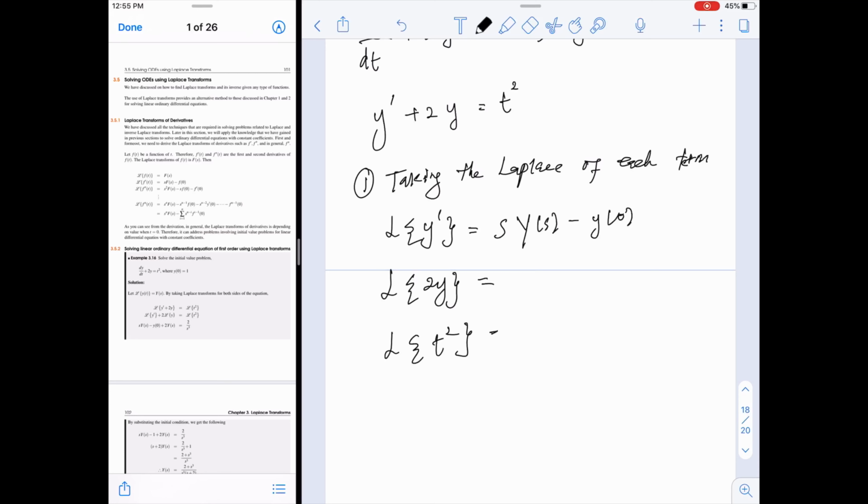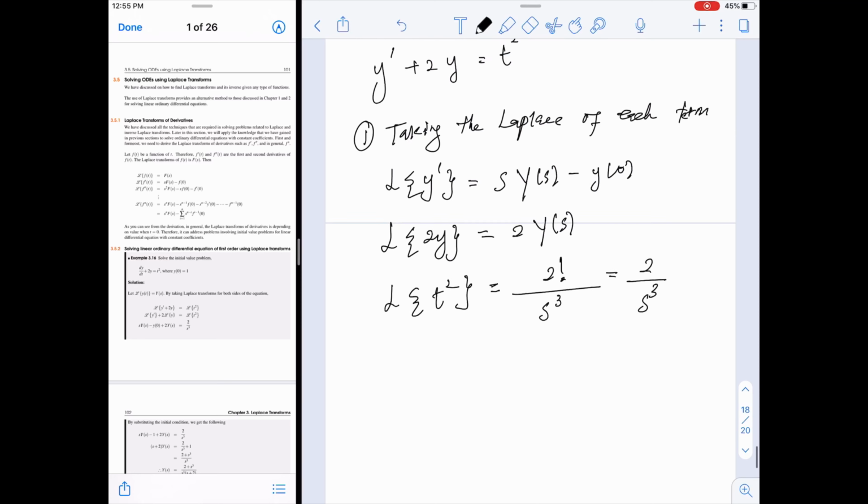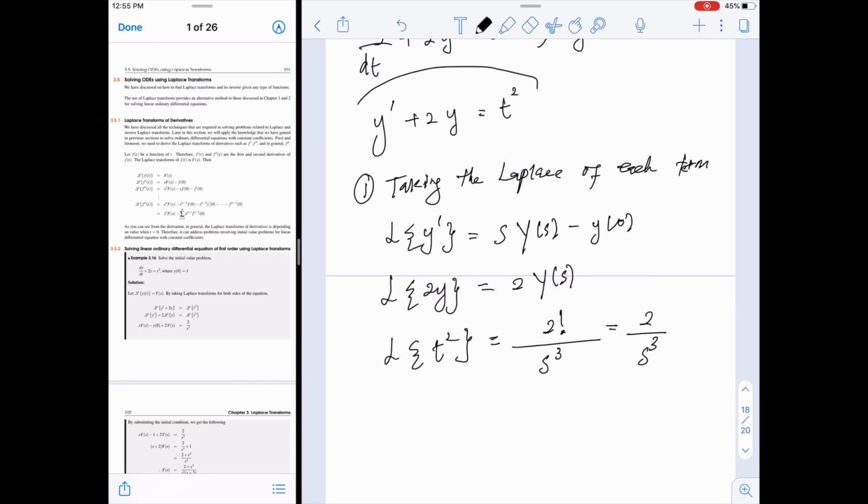It's the same thing, you just change to capital Y. And then what about 2y? 2 is a constant, and then you will have 2Y(s). And for the t squared, we have counted this previously, where you will get 2 factorial over s to the power of 3, which is 2 over s cubed.